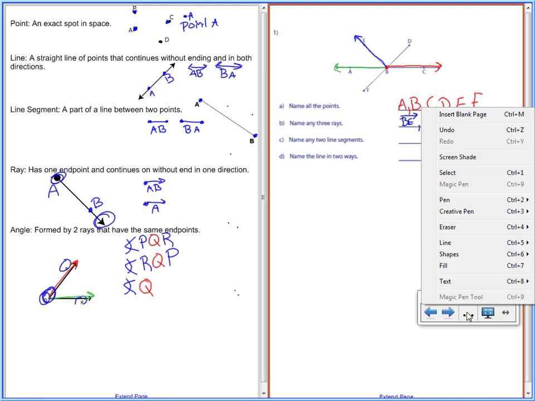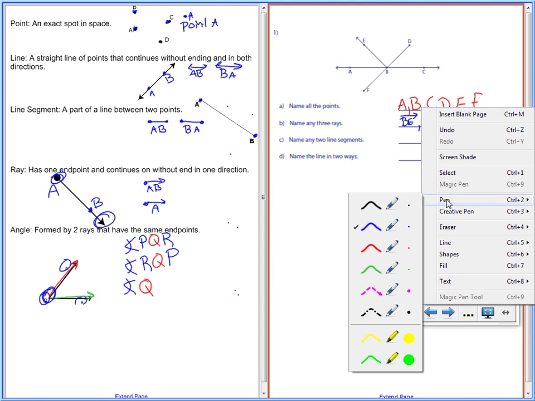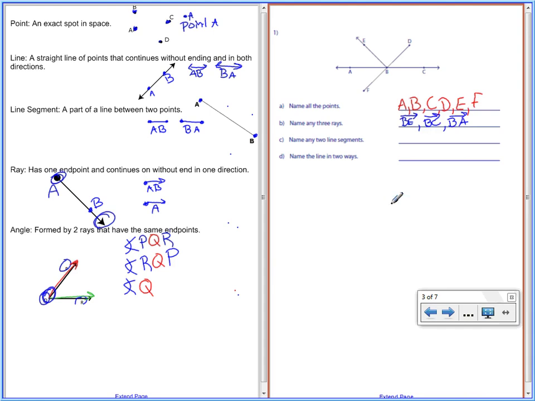Now, let's look at the next question. The next question says, name any two line segments. Here we go. I'm looking for two dots, a line that has two dots. So here we go, AB. That section right there would be a line segment.